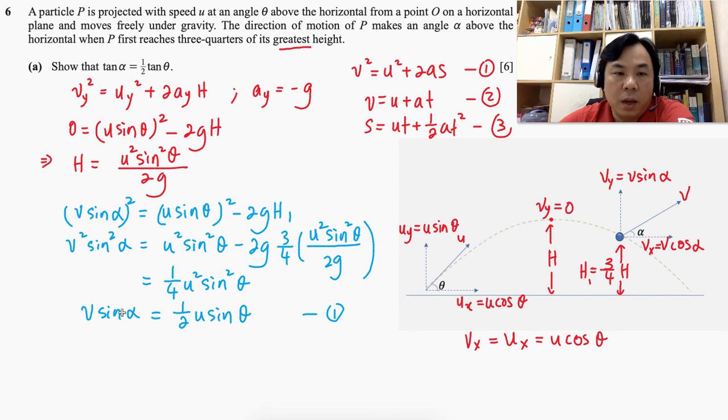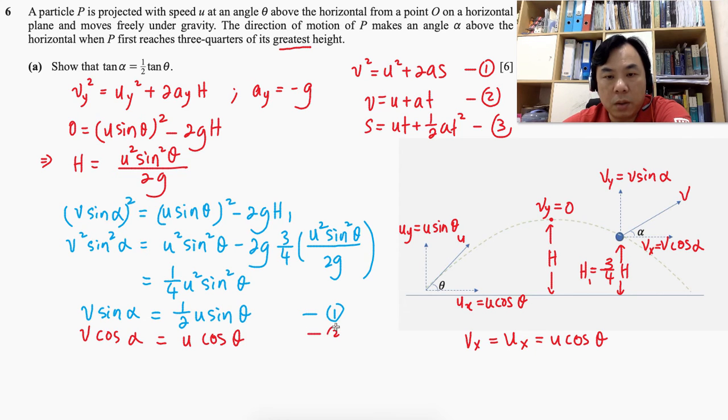Bear in mind we also have the second equation here. We know that the second equation states that Vx is the same as Ux. So the horizontal component, which is v cos alpha, is the same as u cos theta. Now that will be our second equation.